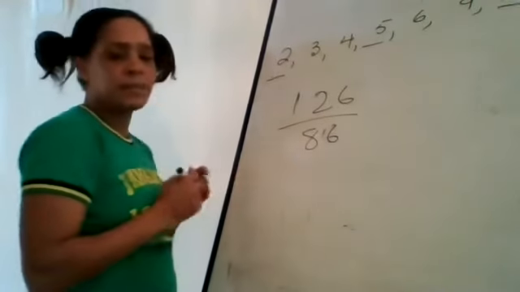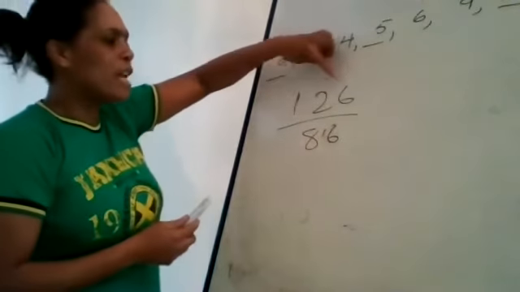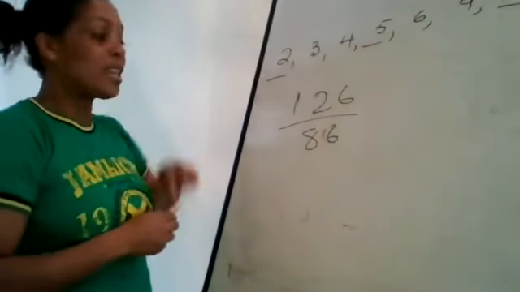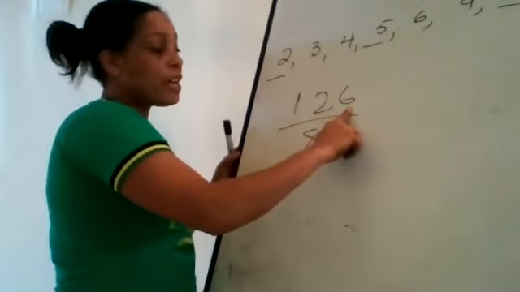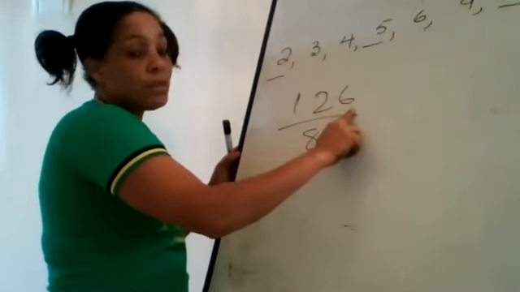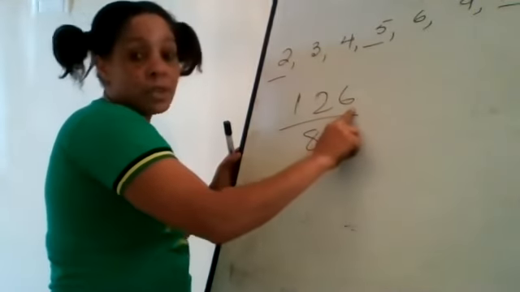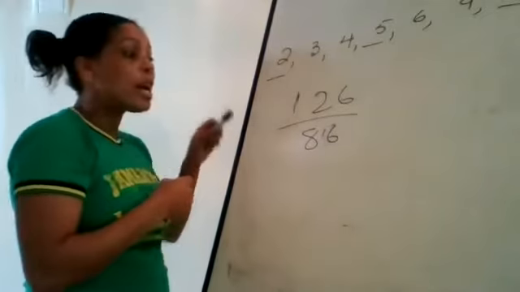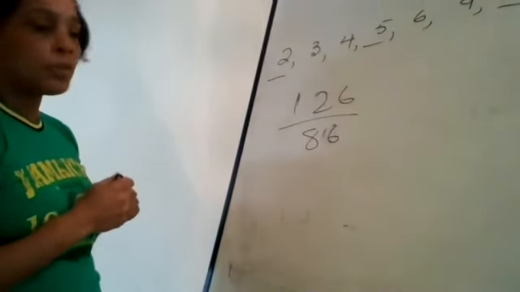Let's say 86. If we add that together, 6, 7, 8, 9, that's 9. That digit add together gives 9. We know it's an even number. It can be divided by 2. But we also know it can be divided by 3. And we also know it can be divided by 9. Because when I add the digits together, I get a number that is in the 3 times table and also the 9 times table. Right.